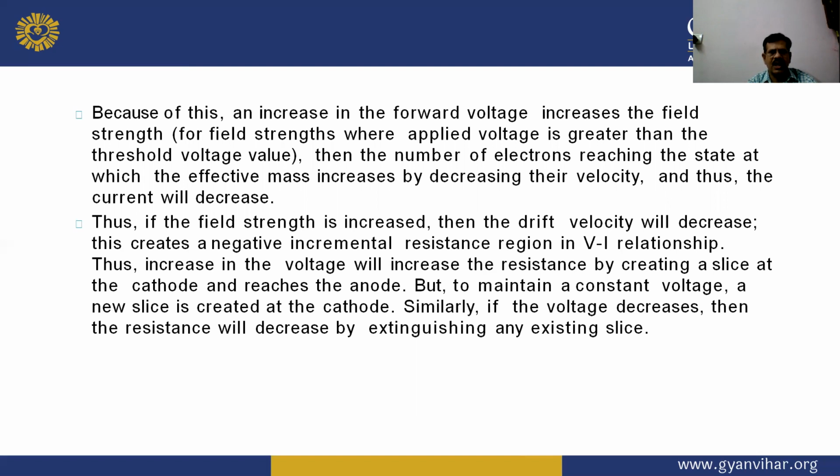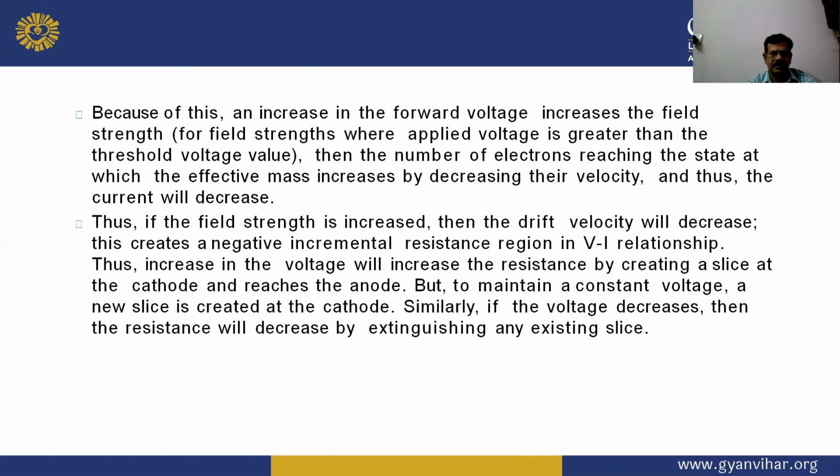So if we increase the forward voltage, and the strength of the forward voltage is greater than the threshold voltage value, then the number of electrons reaching the state at which the effective mass increases, decreasing their velocity, and thus the current will also decrease.